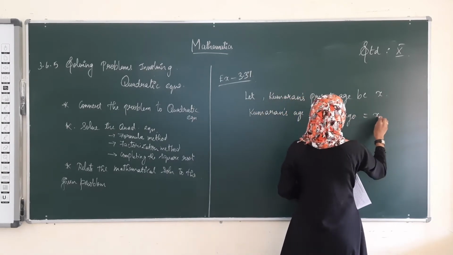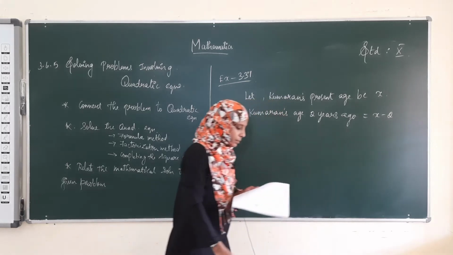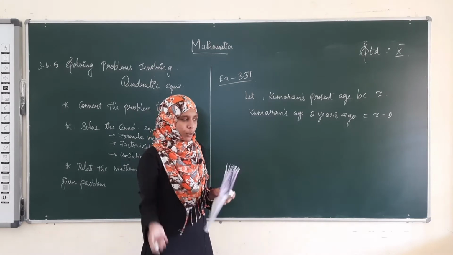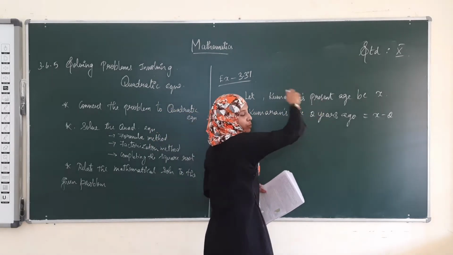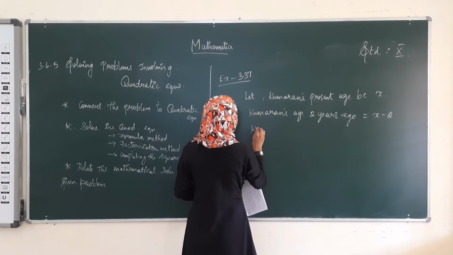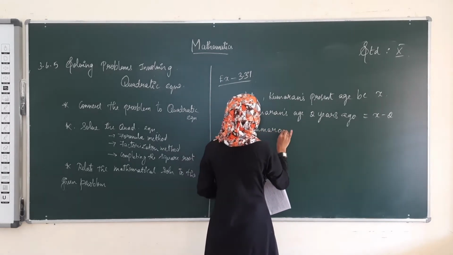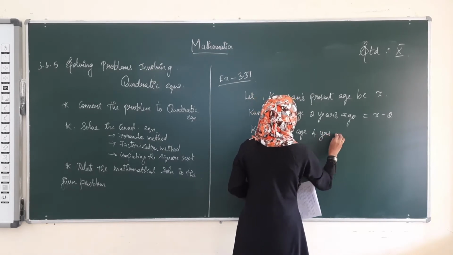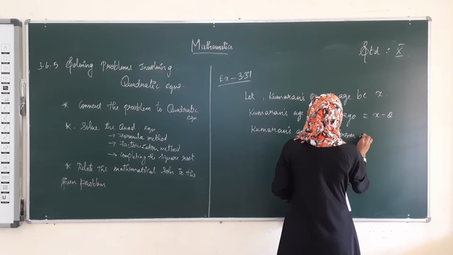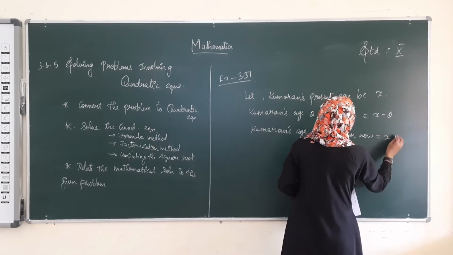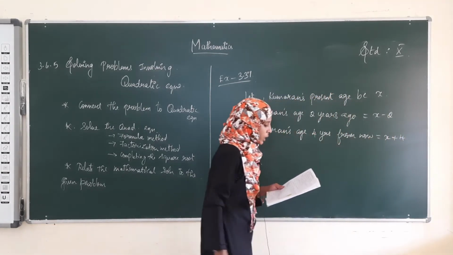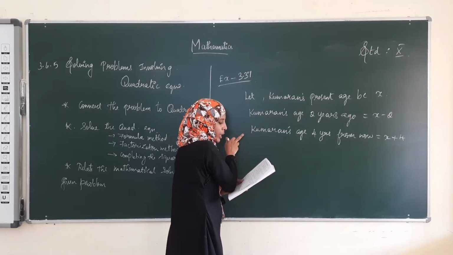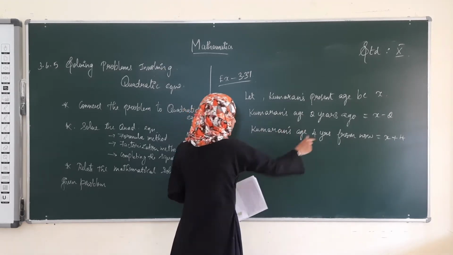Then his age 4 years from now, that is after 4 years, will be x plus 4. Then the product of these two is 1 more than, that is, it is the product.